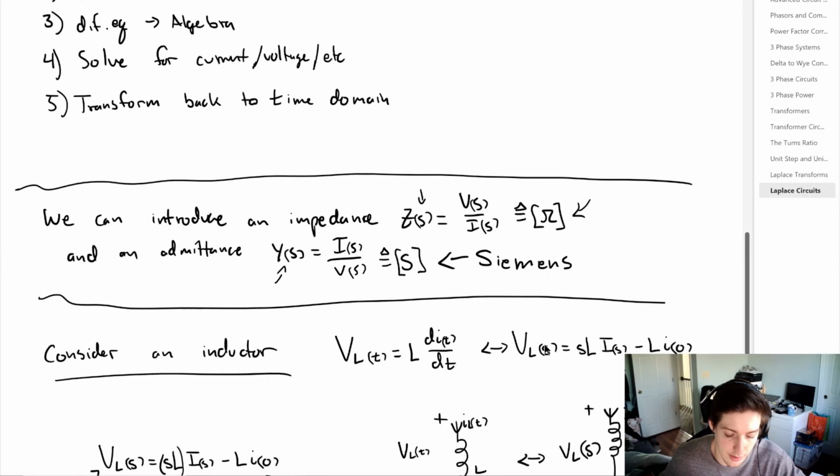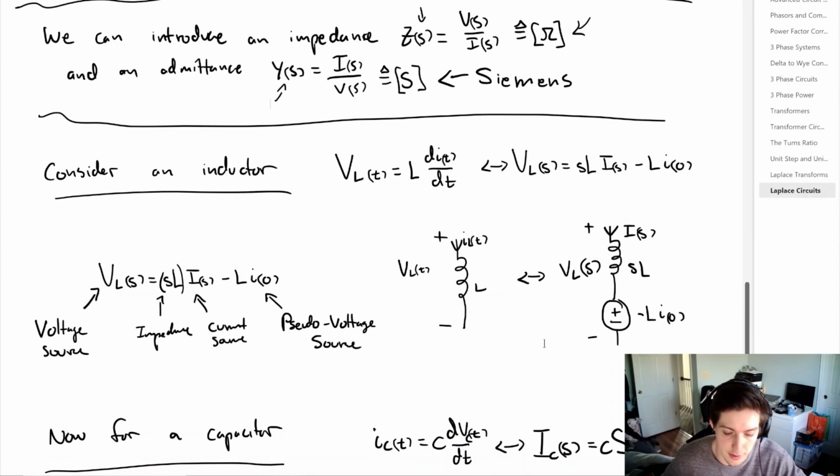So we want to consider an inductor. We know that the voltage over an inductor is equal to the inductance times the time derivative of the current. We can transform that into the S domain and say that the voltage is equal to S times L times the current. So we transform that, and then we get the inductance times this initial condition.